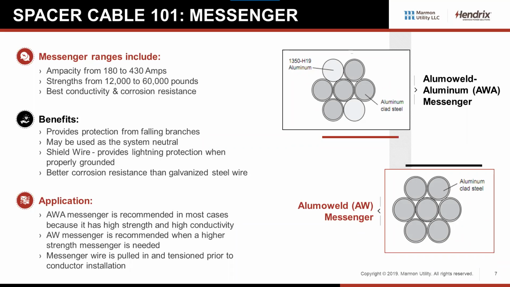So it serves multiple purposes. It also gives us enough conductivity typically that it can be used as the system neutral. So it's going to serve as the main protection member for falling trees and branches. It's the neutral wire, and it kind of works as a system shield wire as well.